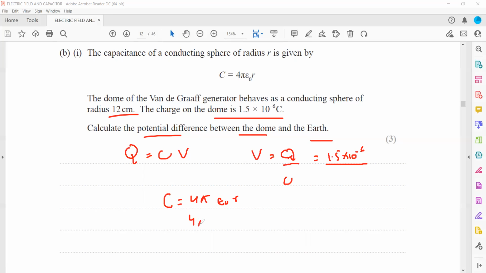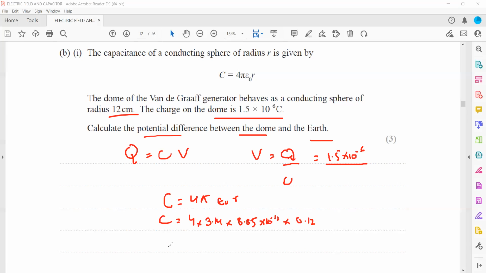In 4 pi epsilon r, 4 is a constant and pi is also a constant, 3.14. For epsilon, you can check the last part of the exam sheet, but it is 8.85 times 10 to the power minus 12. And r is the radius, which is 12 centimeters, so 0.12 meters.